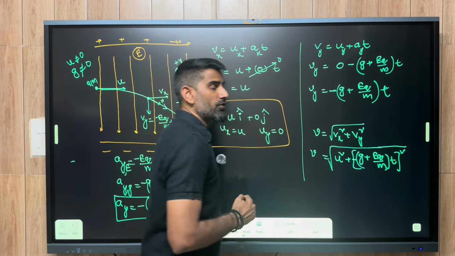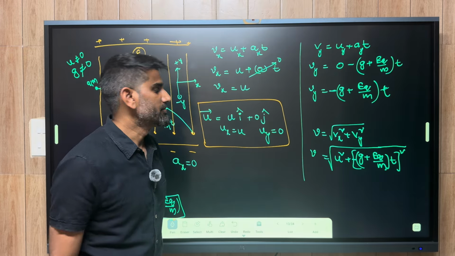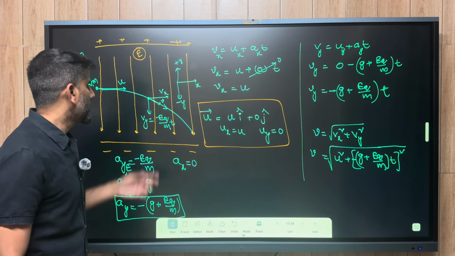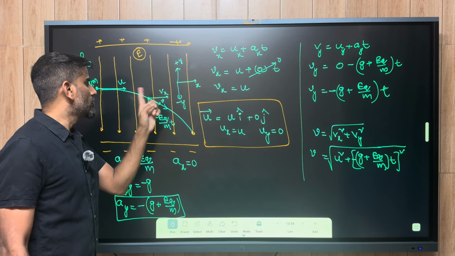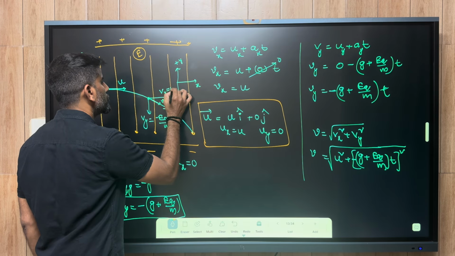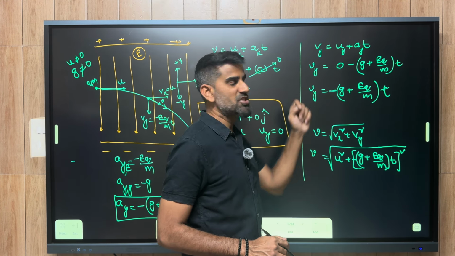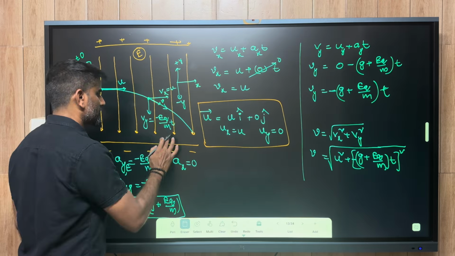So this is the velocity of the charged particle after some time t. Here vx will remain the same, which is u.